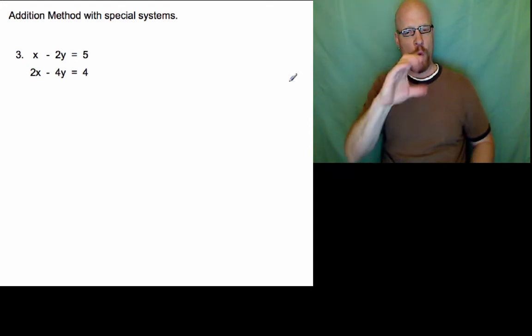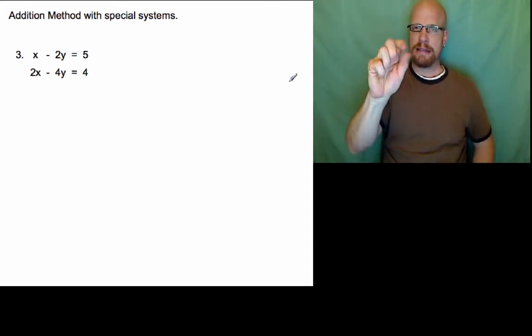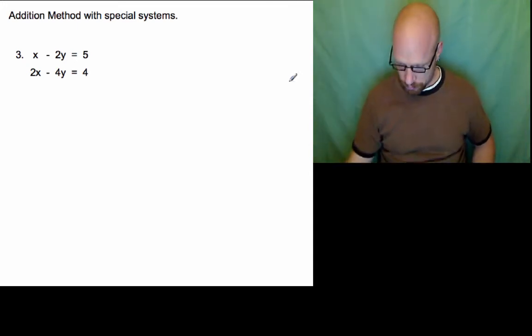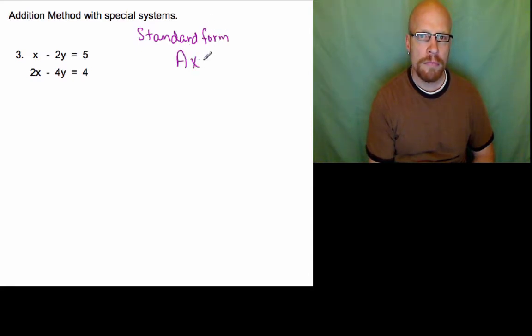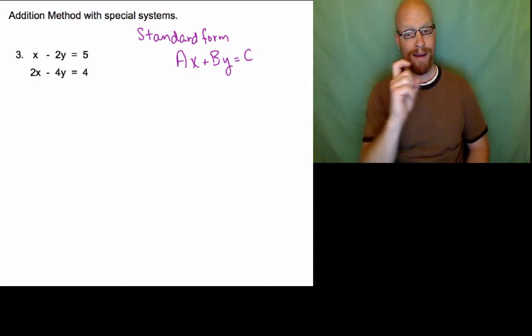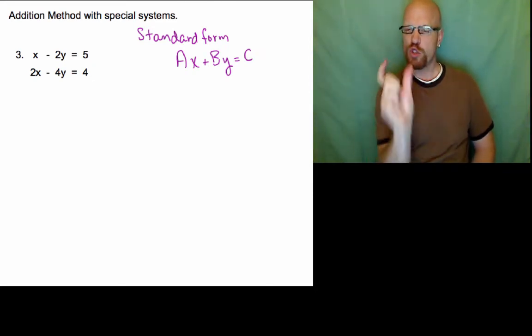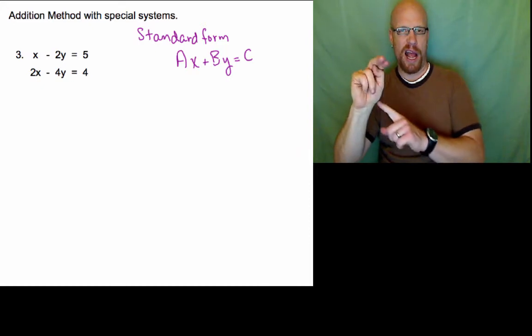The addition method, you need to have both equations in standard form. Our x term and our y term.